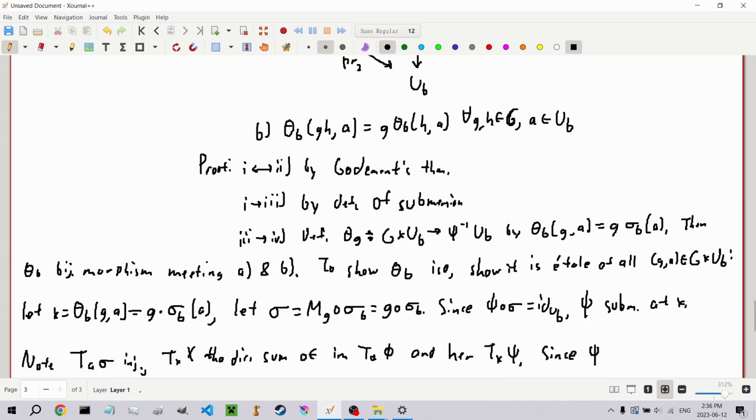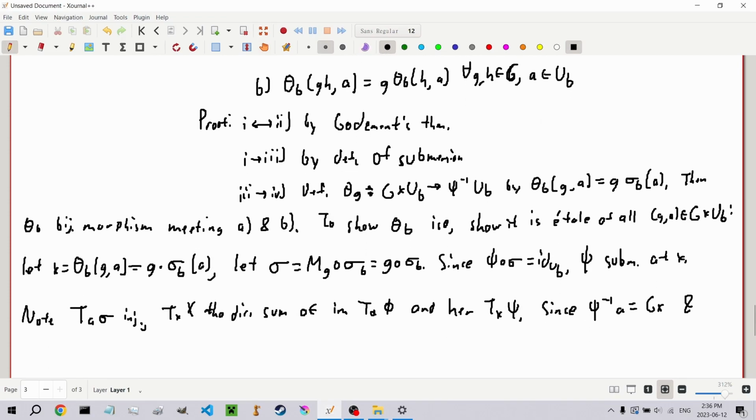Now, since C inverse of A is G of X, and we have that C of X is an immersion, we see that the kernel of the tangent of X of C is Tx of G times X, which is going to be the image of the tangent at the identity of Cx.